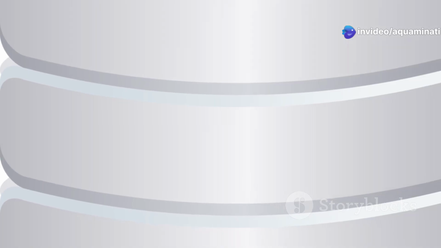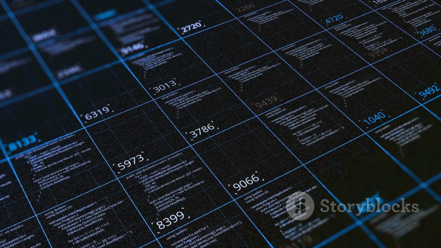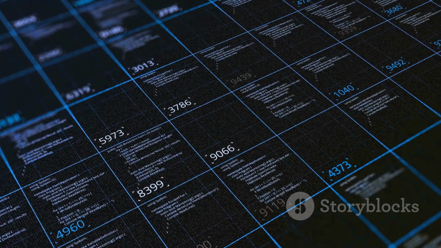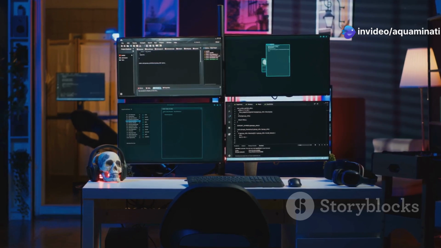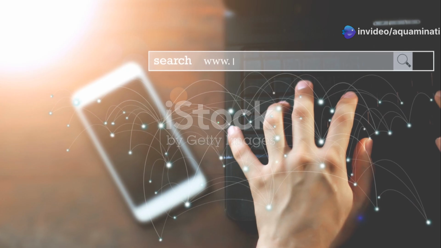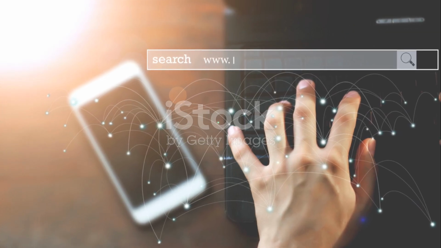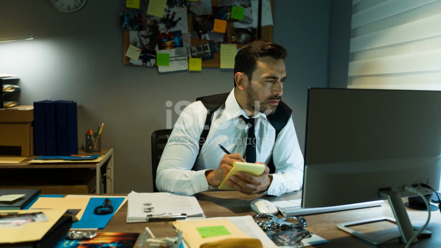Now, both HFS and HFS+ use something called a B-tree structure for storing metadata. Metadata is essentially data about data. Think of it like the table of contents for your files. It tells the system where files are located, their creation dates, modification times, and who has access to them. This B-tree structure is particularly useful for forensic investigations because it allows for quick and efficient searching, even on large drives.